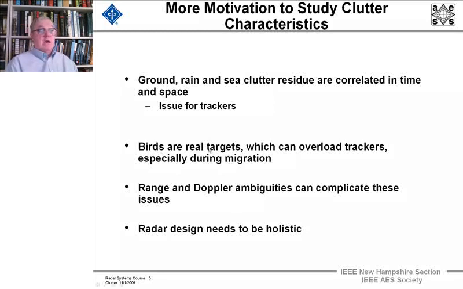And birds are real targets. They can overload trackers, and you'll see later when we look at their size relative to many targets, even in the unclassified world, the distribution of the cross-section of birds overlaps the distribution of aircraft in a commercial, a benign U.S. environment.